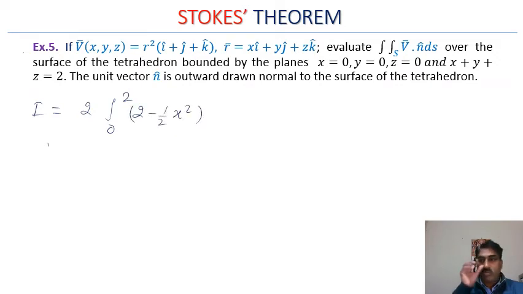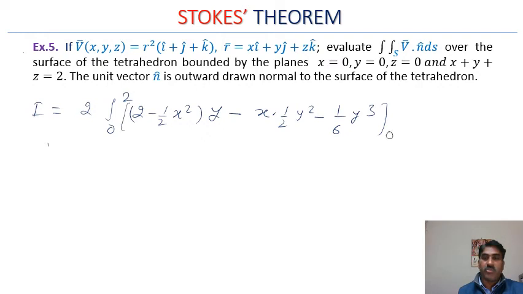This has nothing to do with y. These are constant terms when integrating with respect to y. So this y minus x into half y square minus 1 by 6 y cube. So this whole has the limit of y, 0 to 2 minus x, dx.